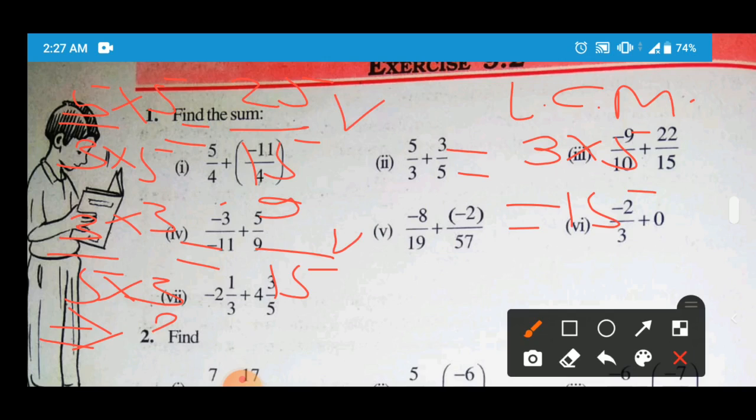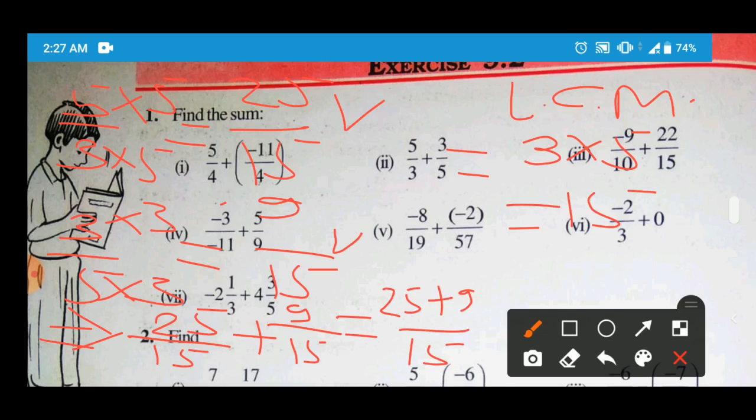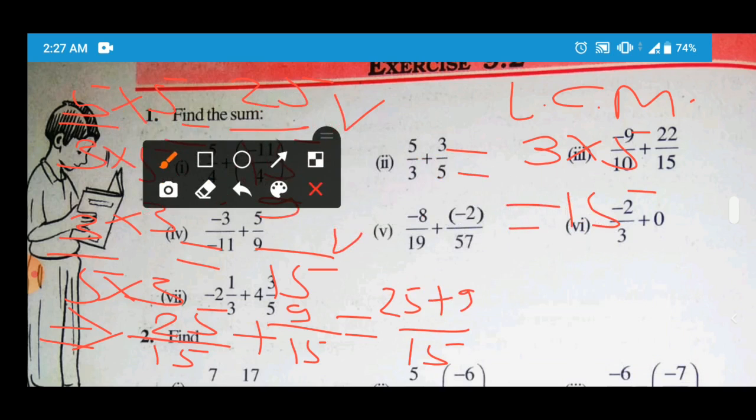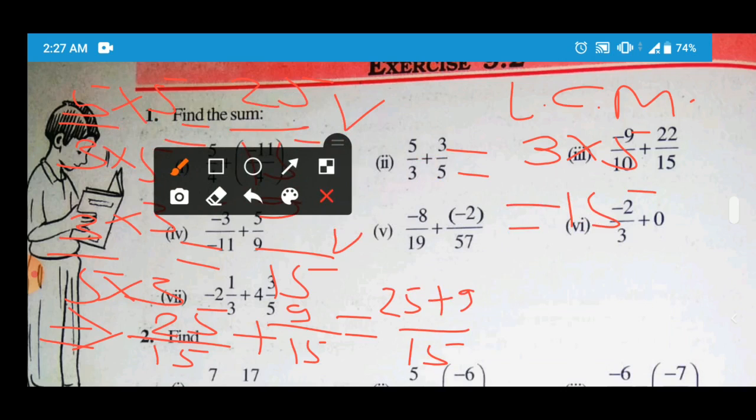Now we are going to add 25 upon 15 plus 9 upon 15. This is equal to 25 plus 9 upon 15, because the 15 is the denominator and it is same, so we take the denominators as common and we do the addition of the numerators for deriving the proper answer.